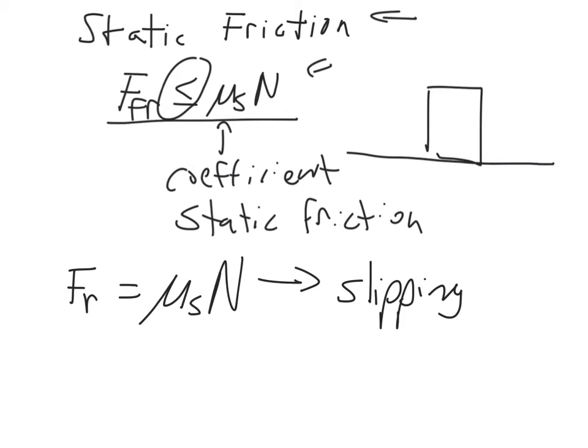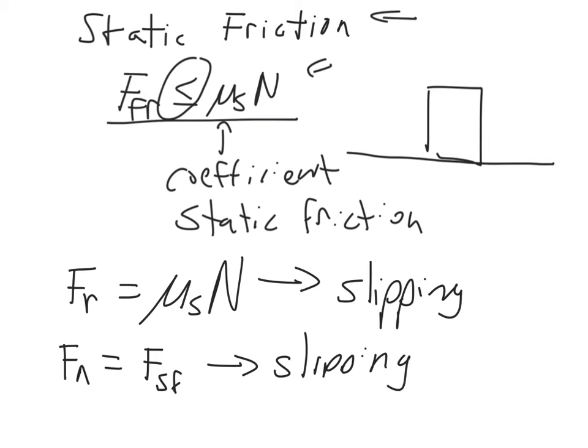When the applied force is equal to the force of static friction, that is our slipping point. It's also the maximum that our static friction can be. Our static friction maxes out at some point, and when that happens, we have slipping. We stop being static and we actually start moving.